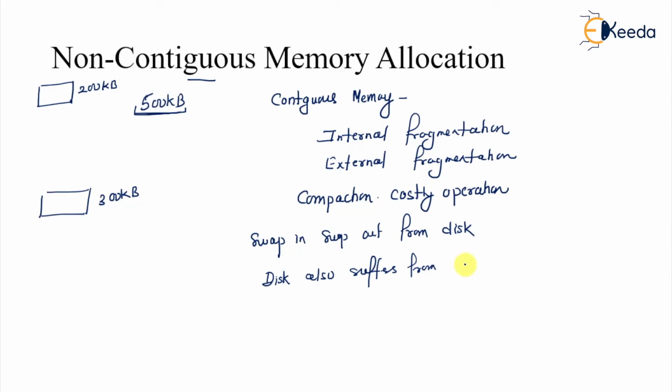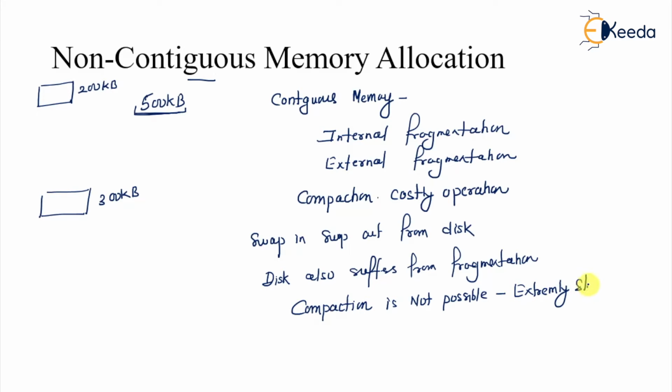The disk space that has been allocated also suffers from the fragmentation problem, and compaction is not possible in this case because it's extremely slow on disk. So that is one problem with contiguous memory allocation.